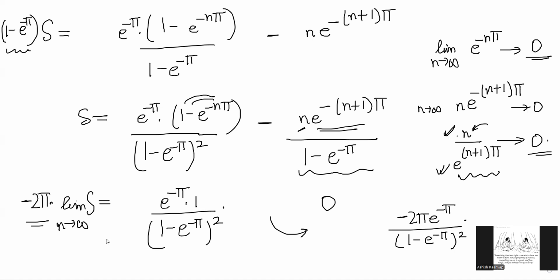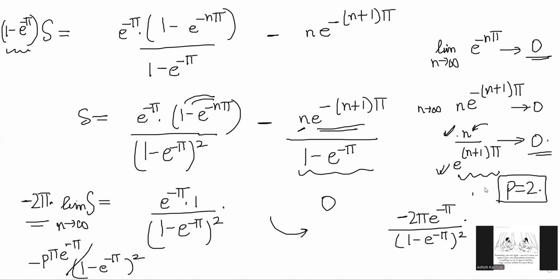Therefore, from the problem, we needed to find the value of p, where the given form was minus p pi e power minus pi divided by 1 minus e power minus pi square. Comparing, it is clear that the value of p will be equal to 2, and that becomes our answer.